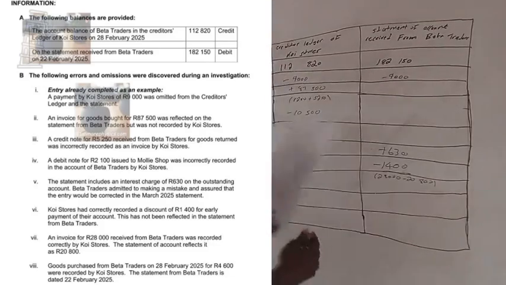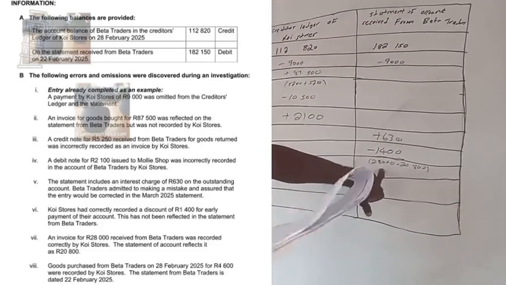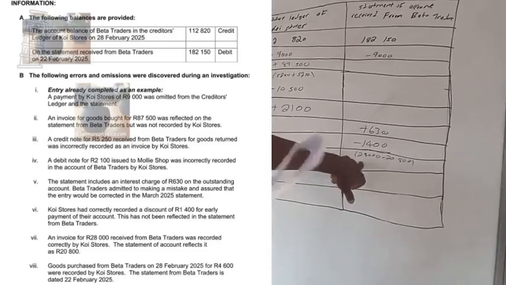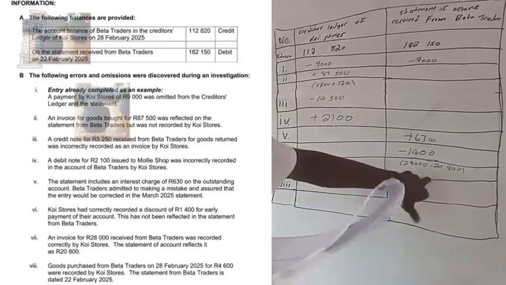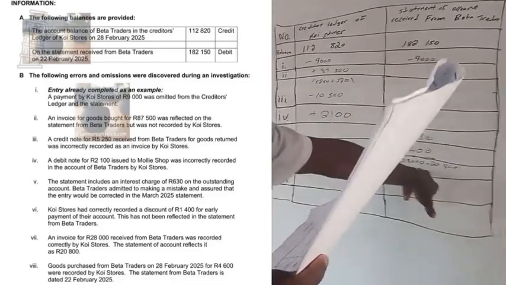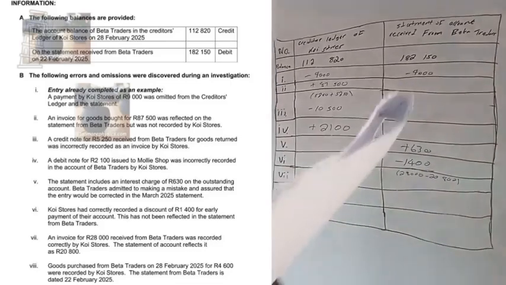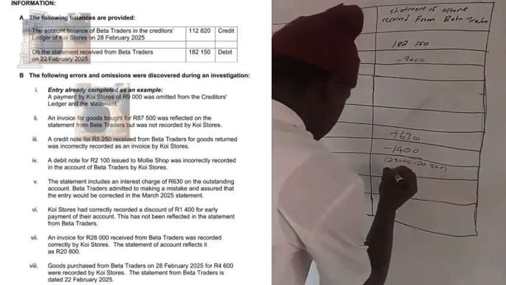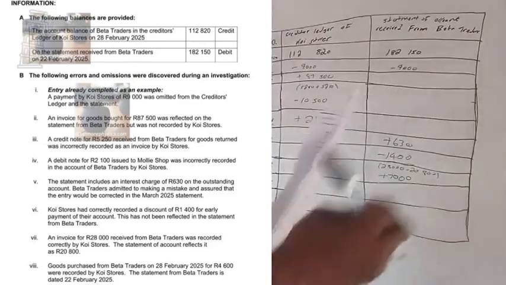And then because this one is the bill that we got from our supplier, but the supplier recorded this one, they made a mistake. So we must minus and find the difference. And then the difference will be, let me see, I think it will be 7,000. So we must add 7,000 because they made a mistake here. You say plus 7,000 because they made a mistake.